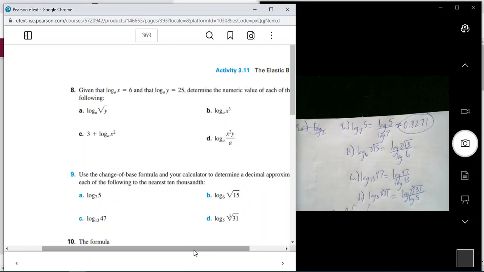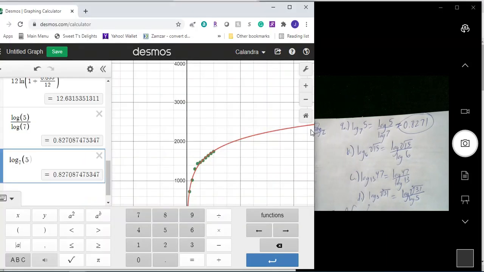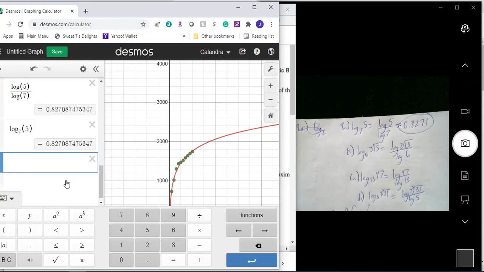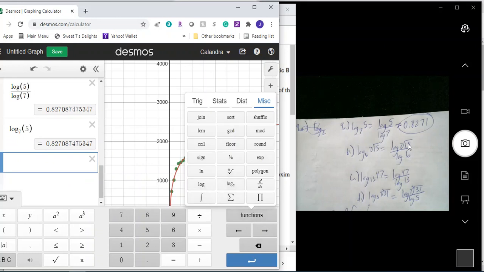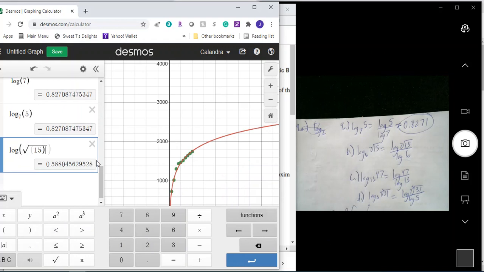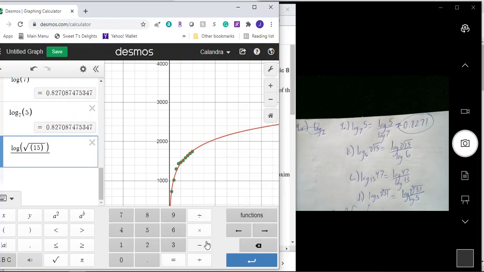All right. So now we're going to go to our Desmos calculator. And as a matter of fact, I could shrink it because we don't need the graph per se. All right, so we have log, we'll just do the converted one. We have log square root of 15. Close that parenthesis. Let me move that out here. Okay, then we'll do divided by log 6.